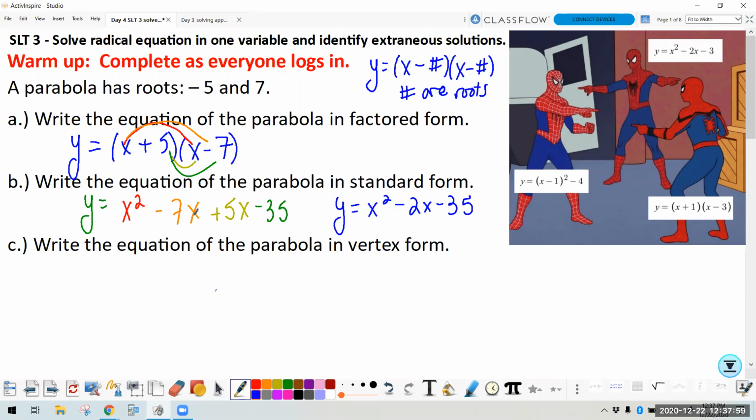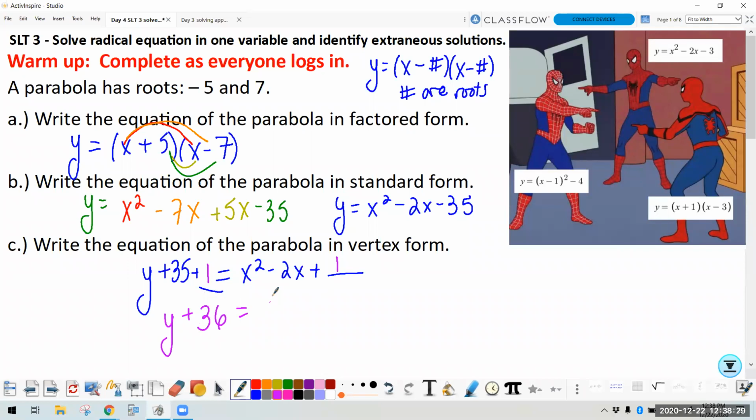Okay, so vertex form, we take our standard form, and the first thing we do is move the constant to hang out, whoops, that's supposed to be an equal sign, to hang out with the y. Because when we complete the square, we have to fill in these blanks. So half of -2 squared is 1 on both sides.